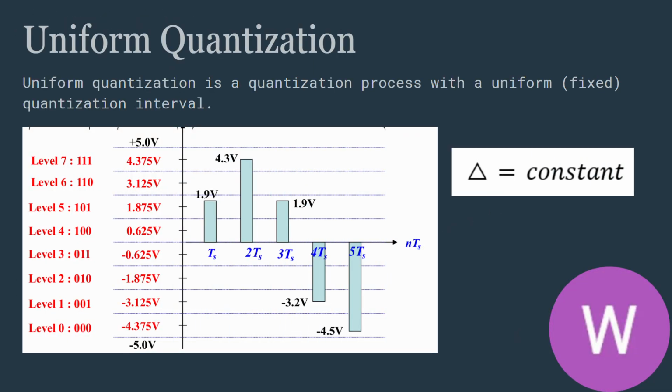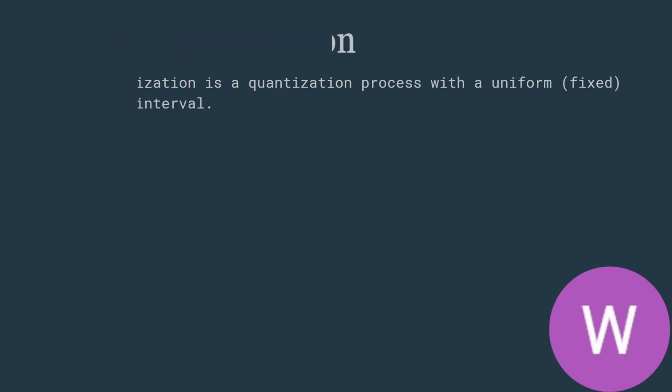Here, we talk about uniform quantization first. Uniform quantization is a quantization process with a uniform quantization interval. That means for each level, the range of voltage between them has the same interval. All of the levels are balanced in terms of the range of voltage.